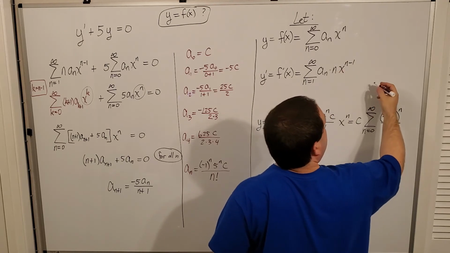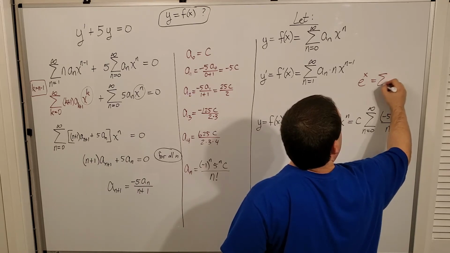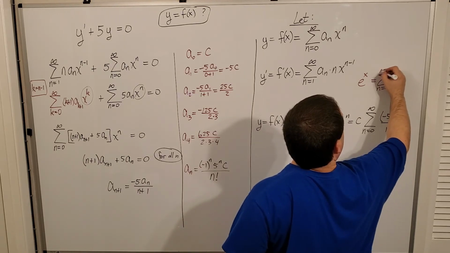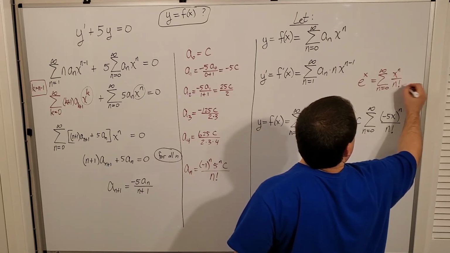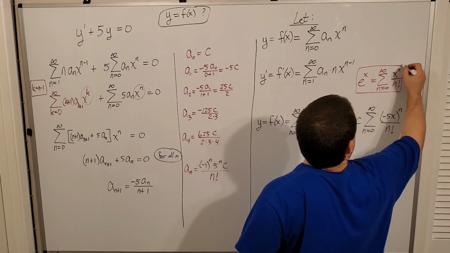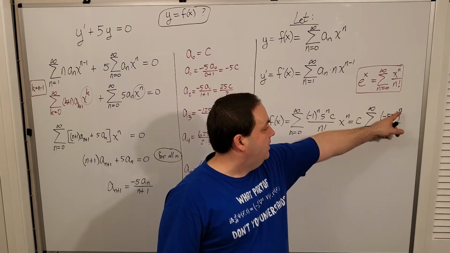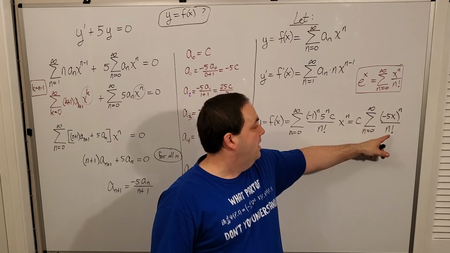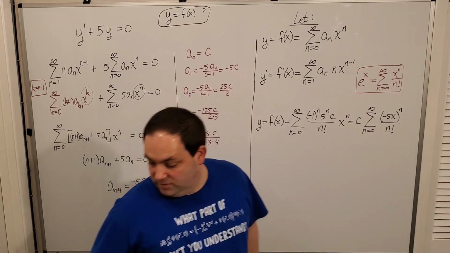If you go back to the last one, I showed you a power series that looked like this: e to the x is the sum from n equals 0 to infinity of x to the n over n factorial. And lo and behold, notice I have that exact same structure. I have something to the n with an x in it over n factorial, exactly, and it's the sum from n equals 0 to infinity.